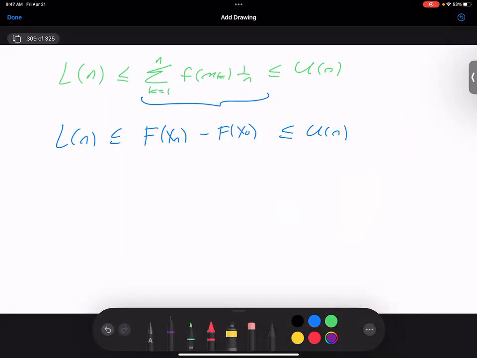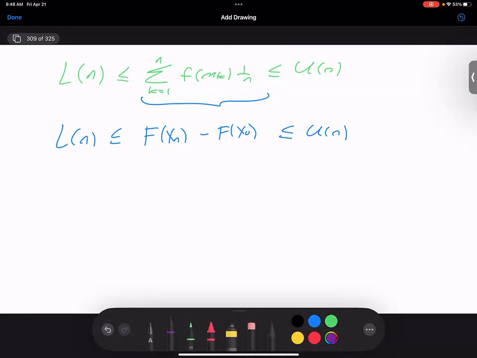Not 0. What is the upper sum trying to estimate? The area. It's an upper bound for the area. And what is L_n a lower bound for? The area. So as n gets really large, what does the upper sum converge to? It converges to the lower sum.